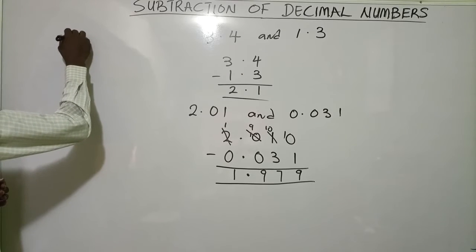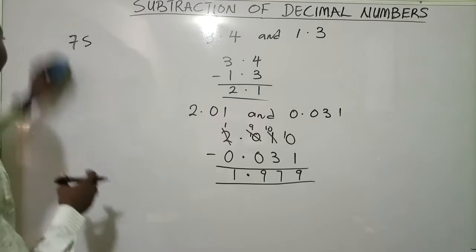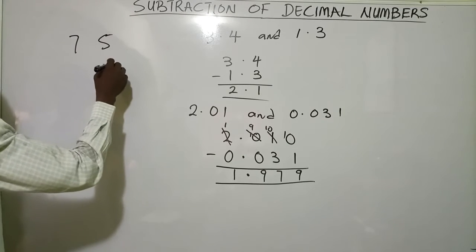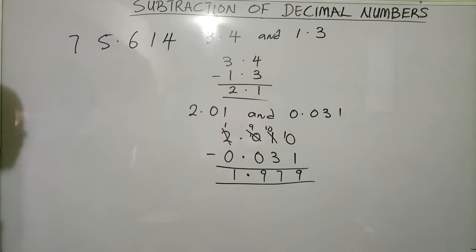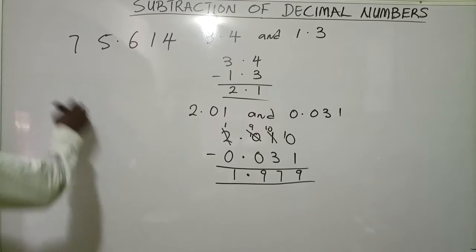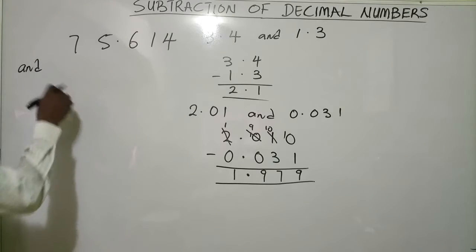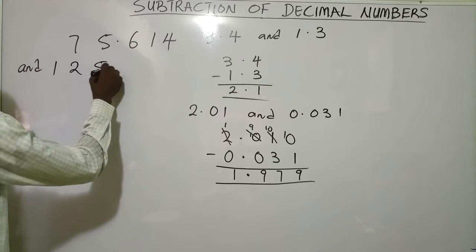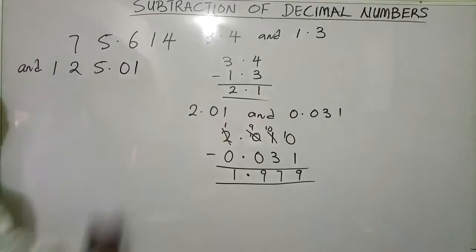Let's say we have 75.614. This. And the question says we should find the difference between this and, let's say, 125.01.